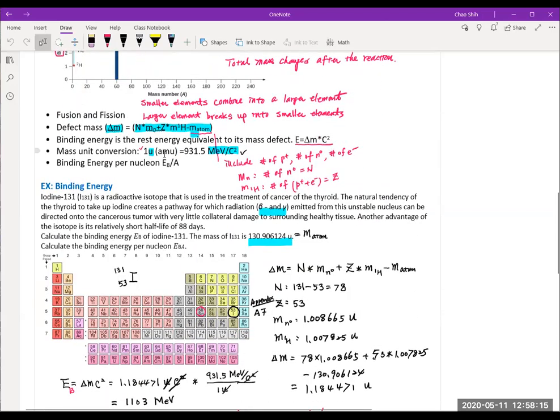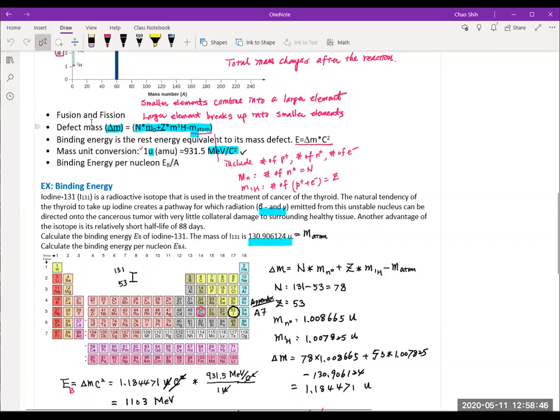If you start with certain things, calculate the total mass of the object, and combine it together, you make the subtraction and find out the change of the mass. Now this part, as I said, you're going to have at least one question asking you about the binding energy.